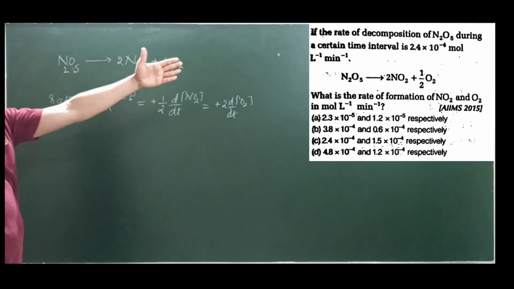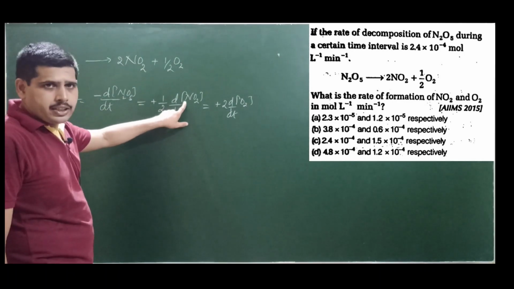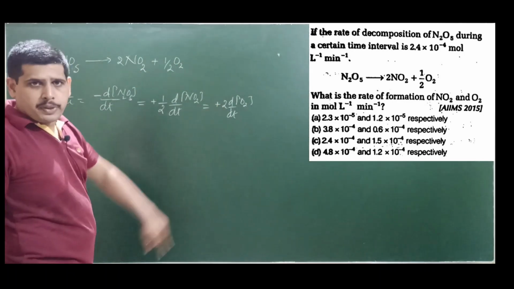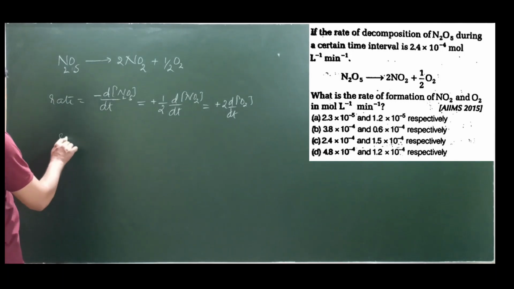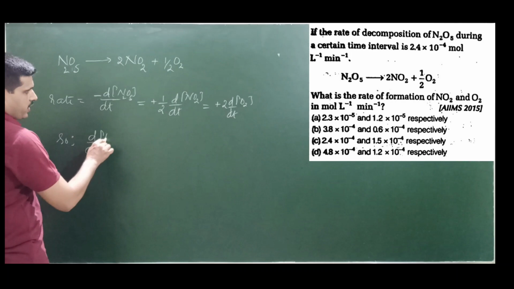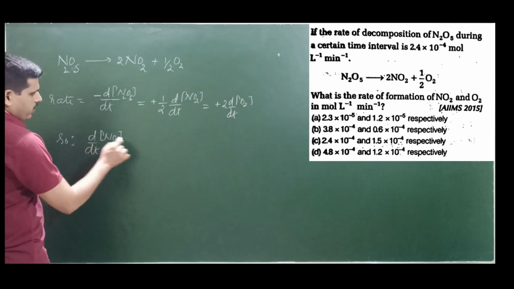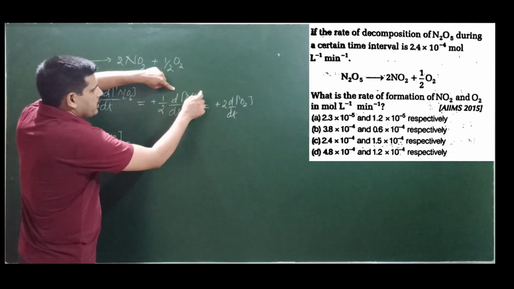What we do now is substitute the given data. We are asked to calculate first the rate with respect to NO2, then with respect to O2. So d by dt of the concentration of NO2, which is the rate with respect to nitrogen dioxide, I have to calculate.